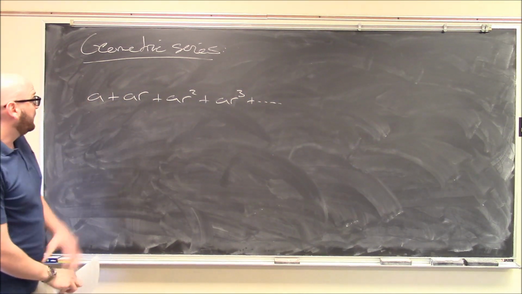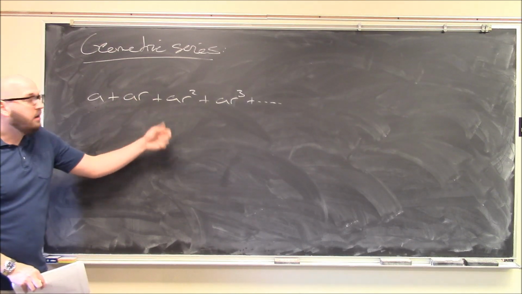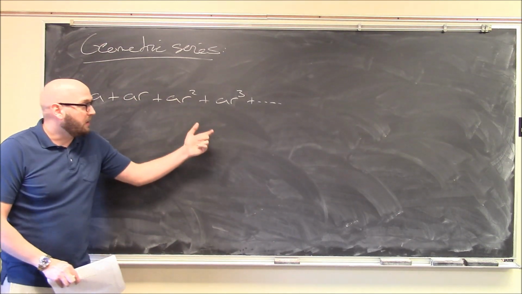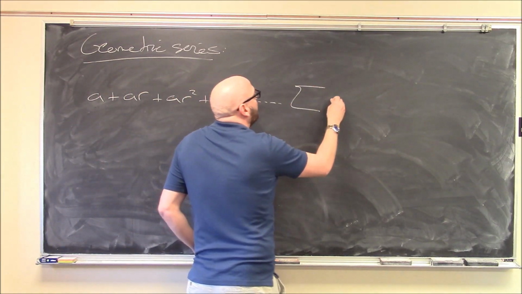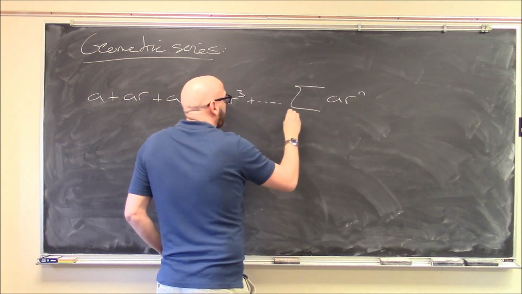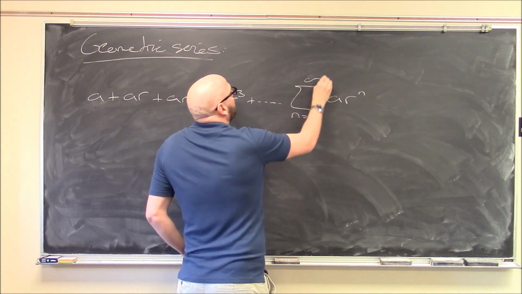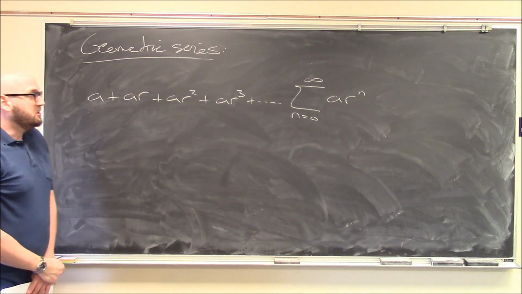Alright, so a geometric series is you start with a number, and then to get the next term, you multiply it by r. To get the next term, you multiply it by r. To get the next term, you multiply it by r. So this is a series of the form a times r to the n, where n starts at 0 and goes off to infinity. This is a so-called geometric series.